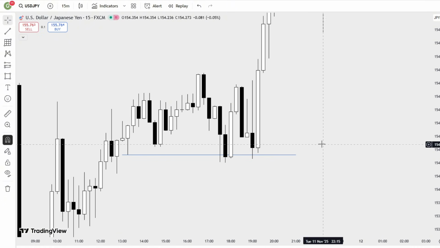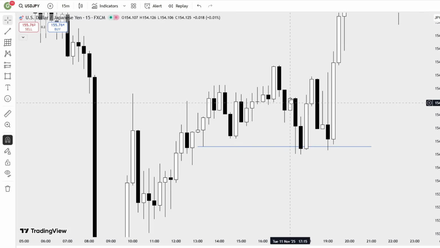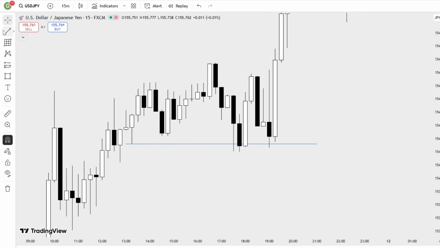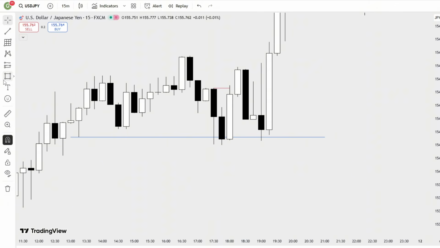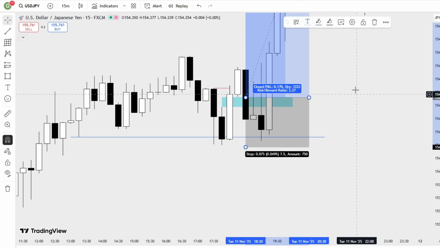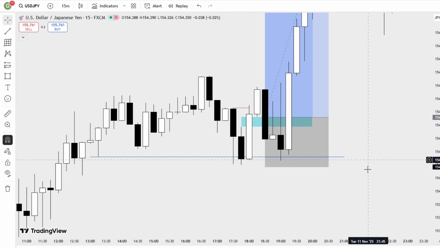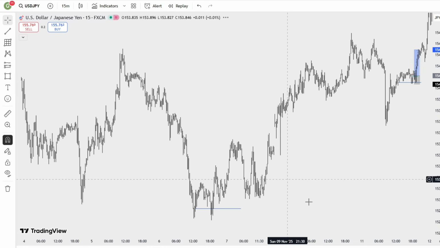If not adopting the shift itself, it can be a change of state in delivery right here. This candle, yeah, can be, right? So I will take this as the shift, okay. And then you have your fair value gap, entry, and then you have your entry, stop, and target. Okay, easy. We have other entries.